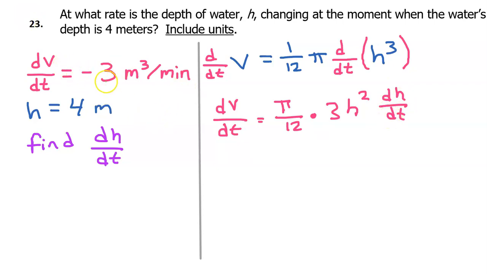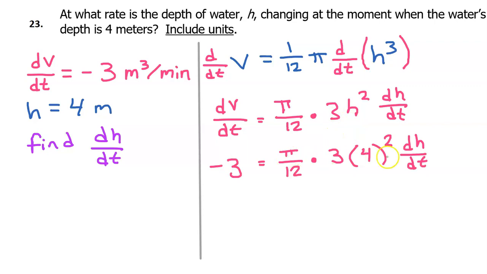Let's look back at our inventory for things that we can substitute. For example, dV/dt is negative 3. So I can put negative 3 right here. h is 4, so I can put 4 right here. We need to solve for dh/dt, but I think it will be easier if we go ahead and simplify this down a little bit.